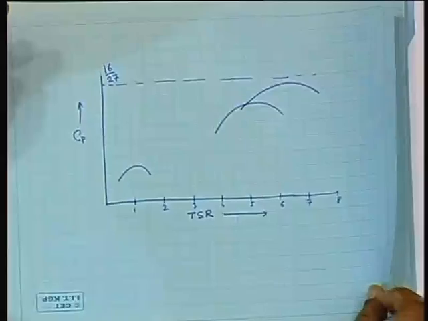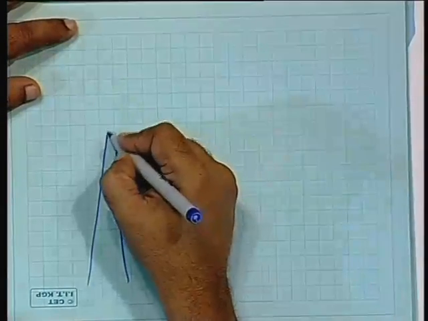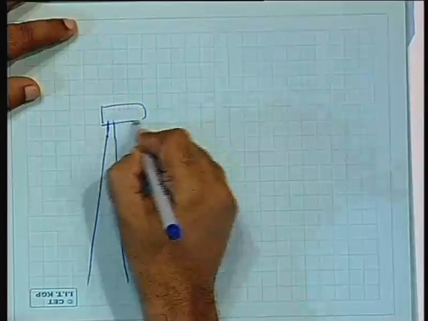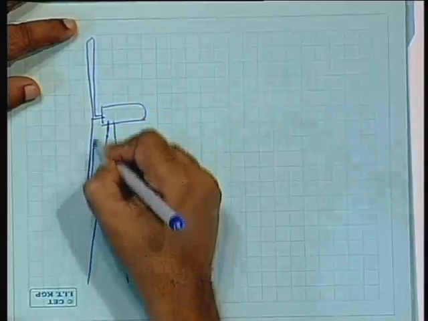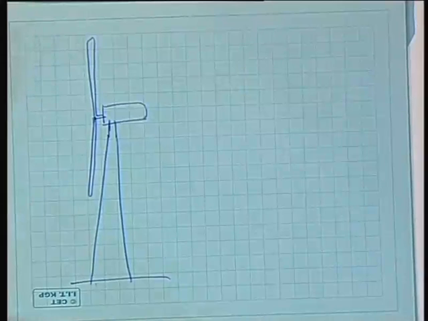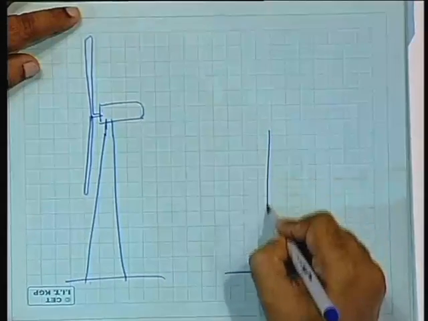So the question is, how do they compare? The one is the horizontal axis wind turbine, which has a structure like this. And the vertical axis wind turbine, which has a structure like this.